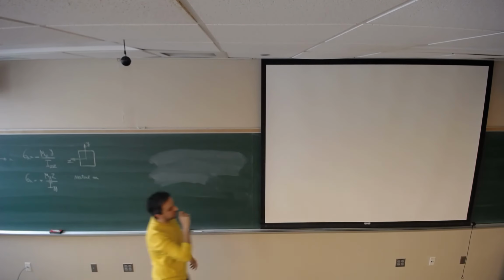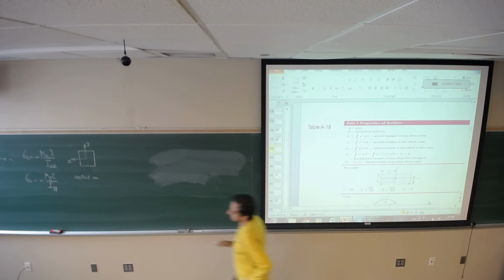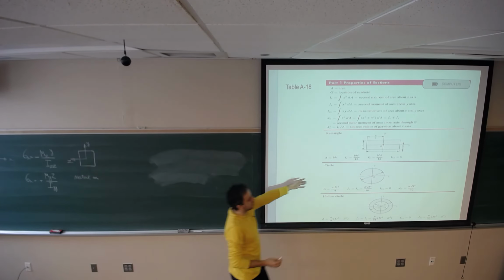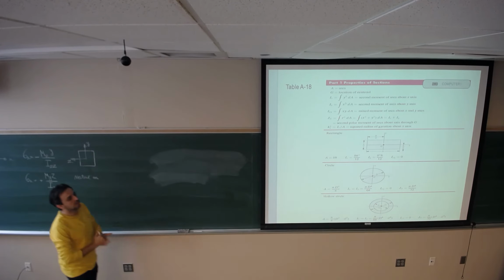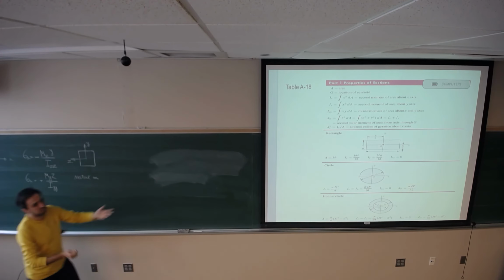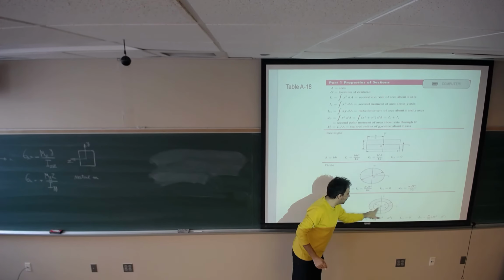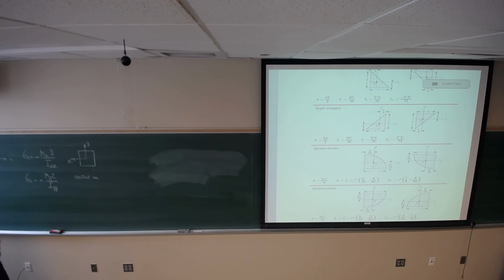So we know how to find the location of the neutral axis, by looking at table A18 for some common cross section. You just need to find the centroidal axis of the cross section. For circle, it's going to be at the middle. For this, it's going to be at the middle. With this one, with the hollow, it's going to be at the middle. For some more complicated cross section, you are going to have something like this.